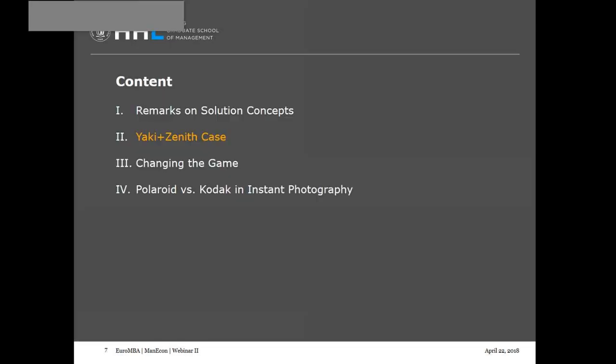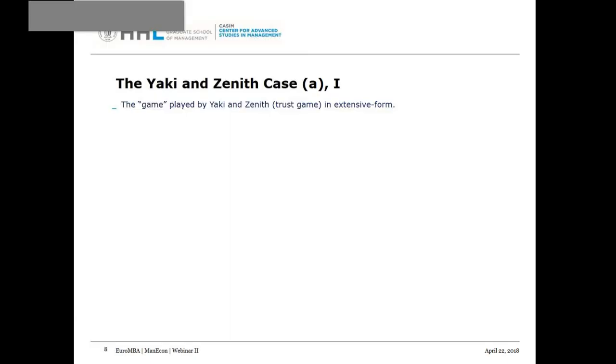So this is for the beginning. Now we move towards the Yaki and Zenit case, and this is where you hopefully had the chance to look at the case. This is an example of a sequential game where we have 2 players, Yaki and Zenit, and Yaki has some technology that it developed.